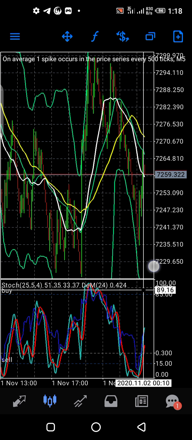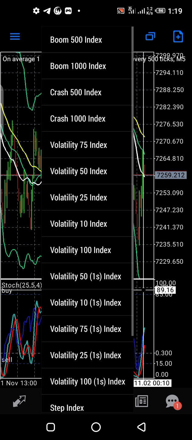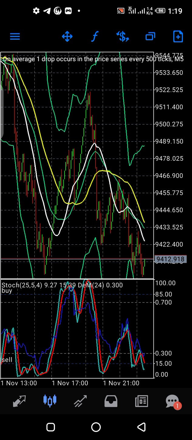You should know the lot size to use at a particular time when trading. Most times, some people blow their account because they use a very high lot size for a very small account. There are designated lot sizes for different amounts of accounts.